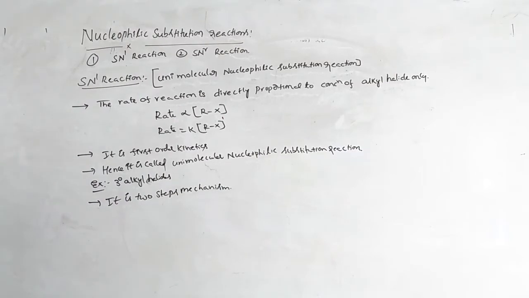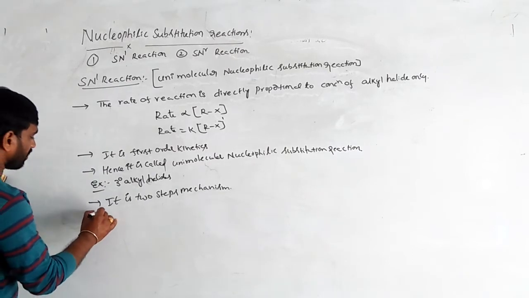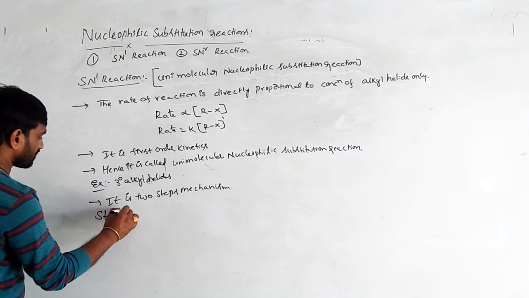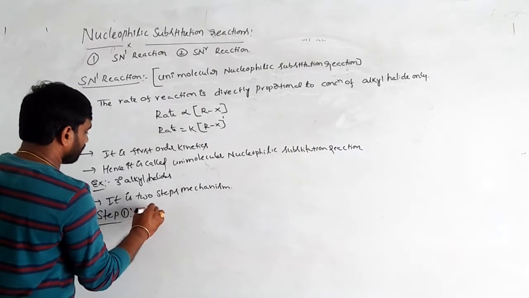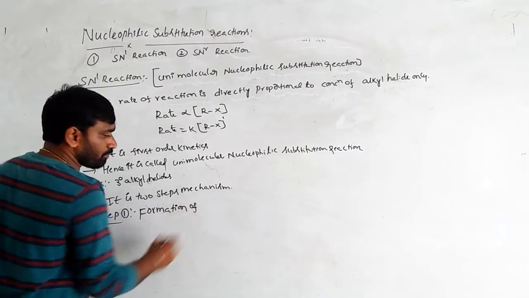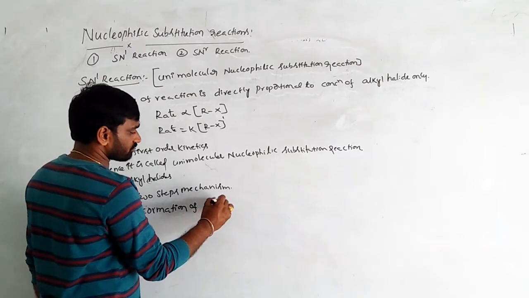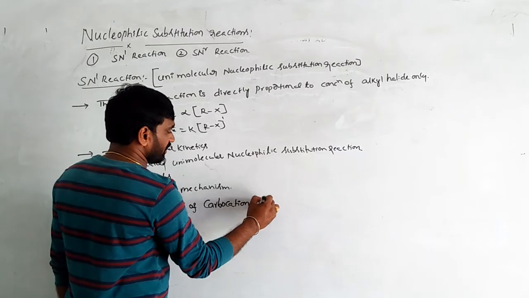So what are step 1 and step 2? Step 1 is the formation of carbocation intermediate.